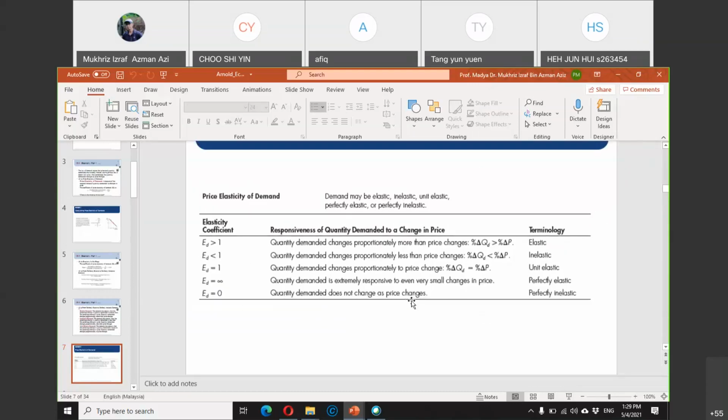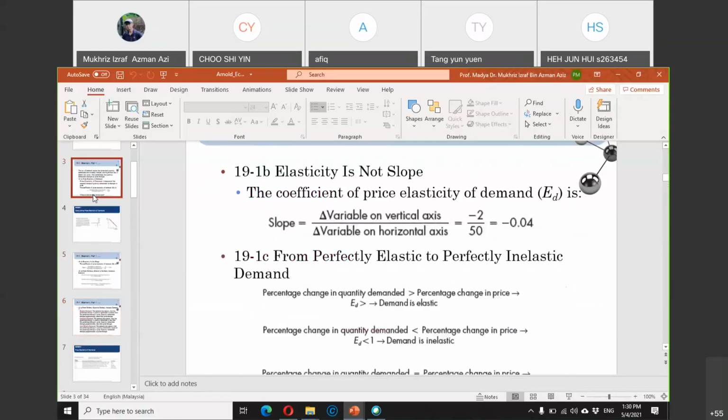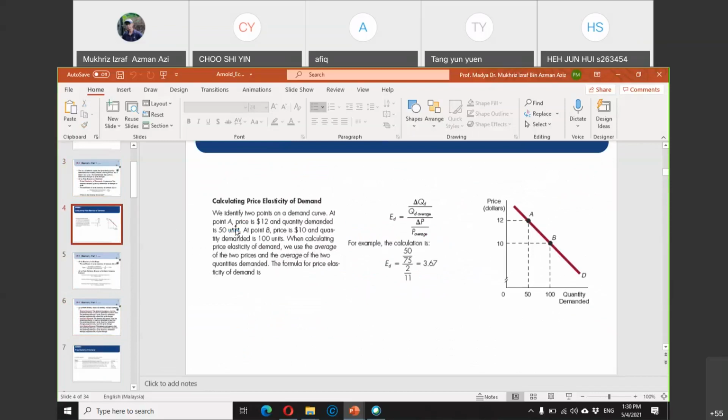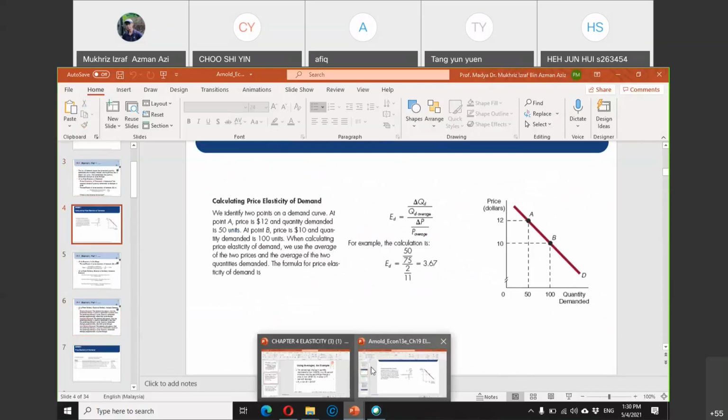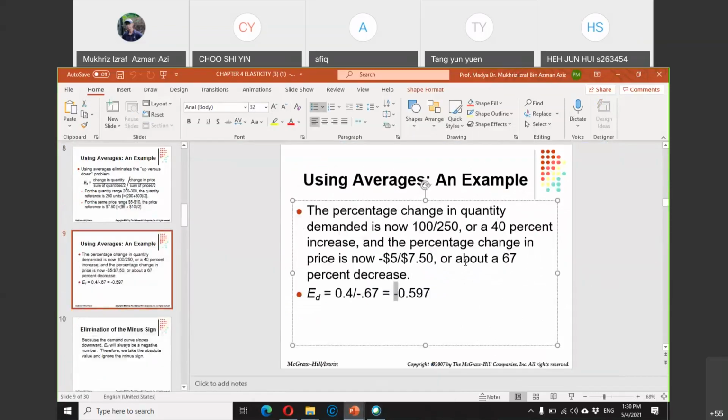So how do you see these different types of elasticity? First, you learned how to calculate this using the average formula, which you can see on the other slide. Once you obtain the value, although you will get a negative sign, the focus is just the absolute value.